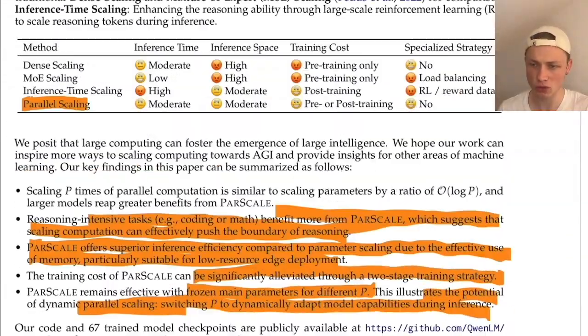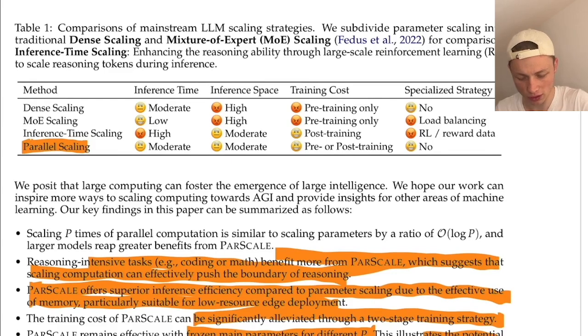I would say we can just have a small look at this table. What we can see here are different scaling paradigms. So we have dense scaling, which just refers to making the model larger. We have mixture of expert scaling, and we have inference time scaling and parallel scaling. And what we can see is that the parallel scaling has moderate inference time and moderate inference space, so how much GPU memory it takes.